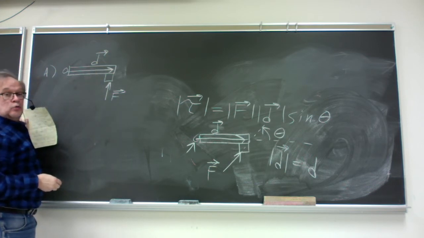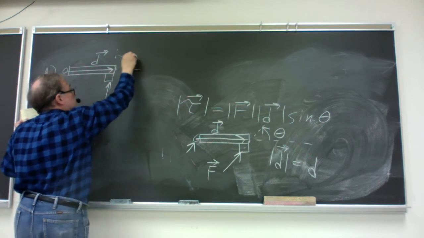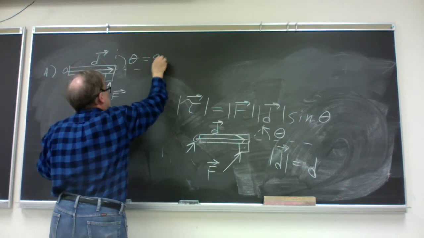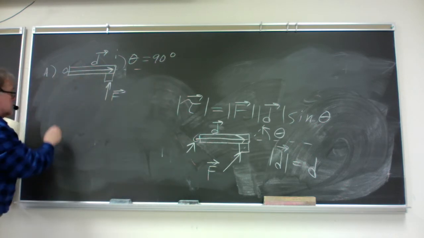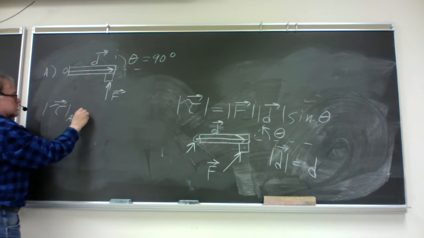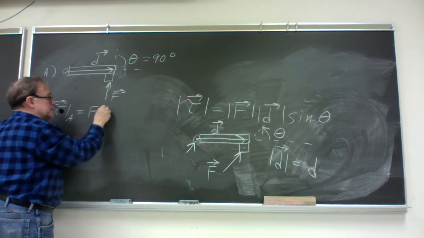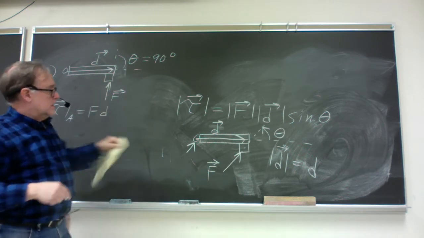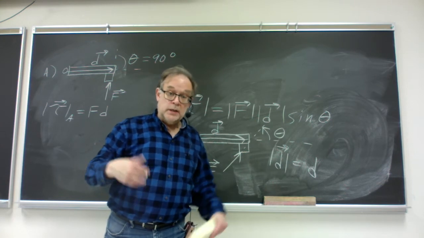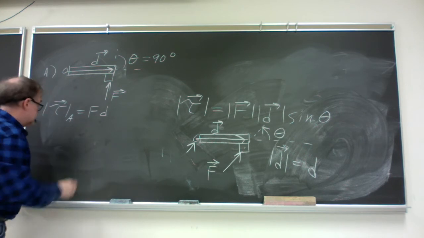And then the angle between the displacement direction and the force direction is just that angle. It's 90 degrees in this case. So the magnitude of the torque for situation A is just magnitude of the force, magnitude of D, times, that last term, sine of 90 degrees. Sine of 90 degrees turns out to be positive 1. So that's the torque in case A.